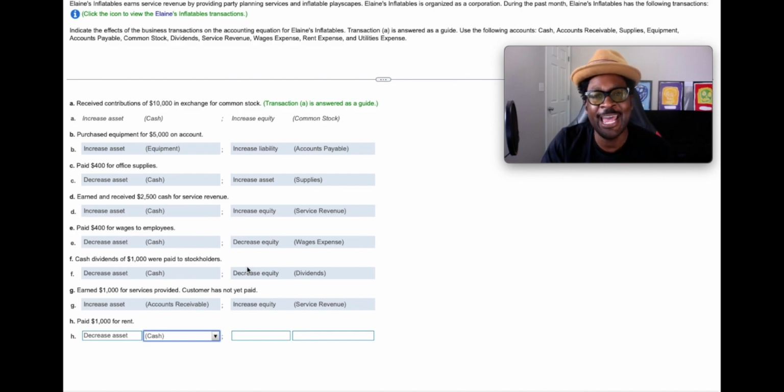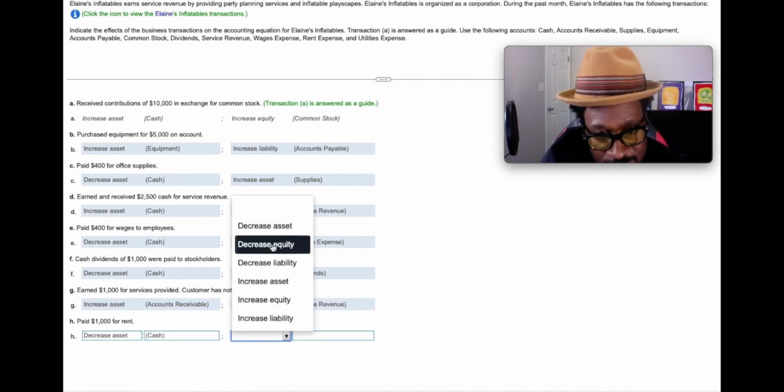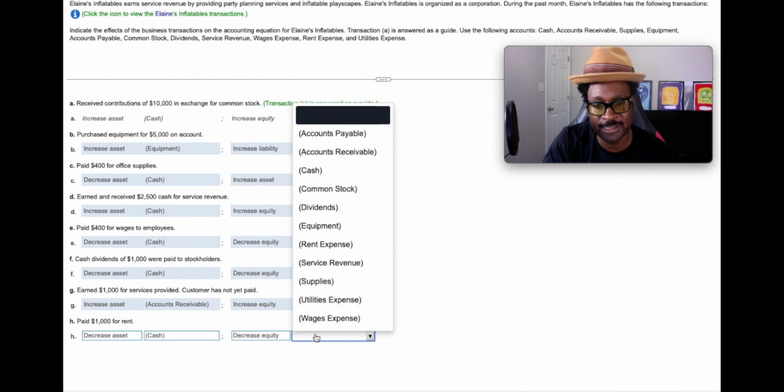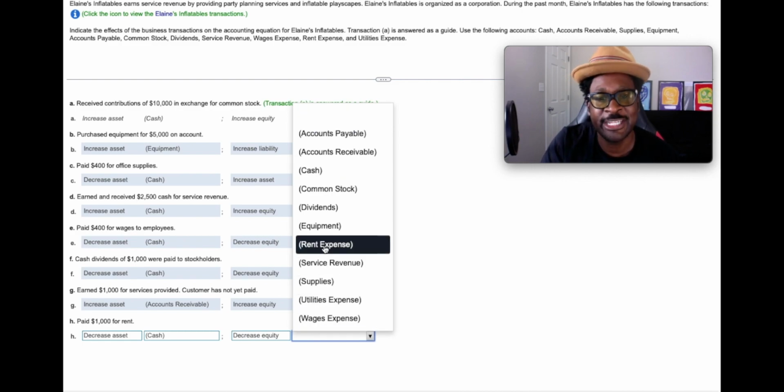Rent from the company's perspective happens to be an expense. So as we know, expenses affect income, and if it affects income, it affects retained earnings. If retained earnings is affected negatively by expenses, ultimately our equity will have to decrease. So we're going to decrease our equity because our rent expense incurred.